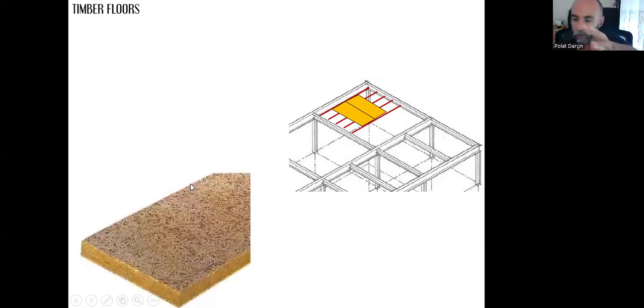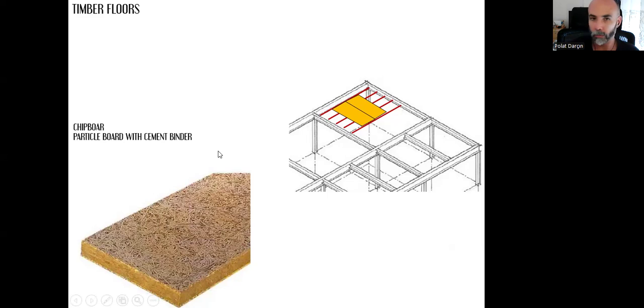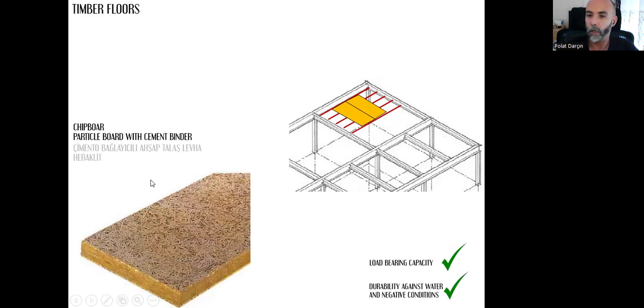And if, instead of that synthetic resin binder, we use cement to bind these particles, we can again create a chipboard, but this time with a cement binder. In Turkish, it's called Heraklit. That's the name of the brand that first introduced that product to the market. Since it has cement in it, it's very strong and very durable against negative conditions.